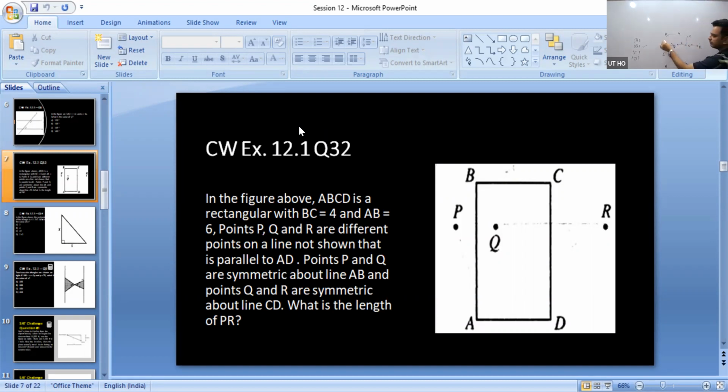So the complete length, we have to find PR, no? So PR will be equal to 2x plus 2y, or I can say 2 times x plus y. But this x plus y is nothing but your 4. So it will be 2 times 4, that is 8 units. Clear?